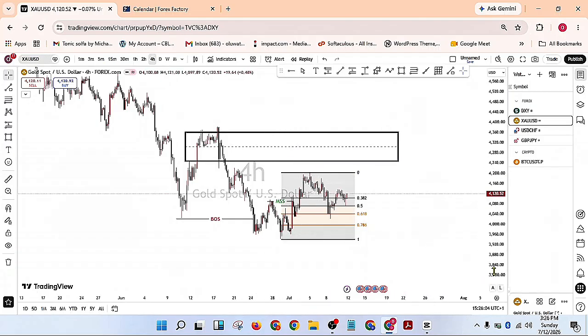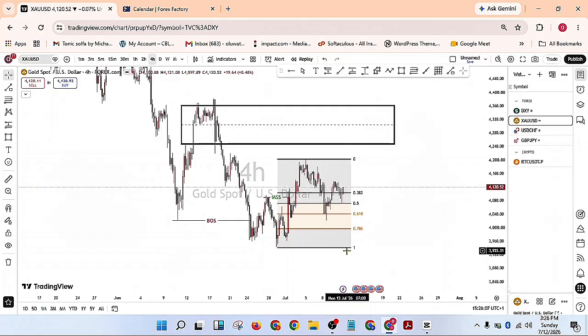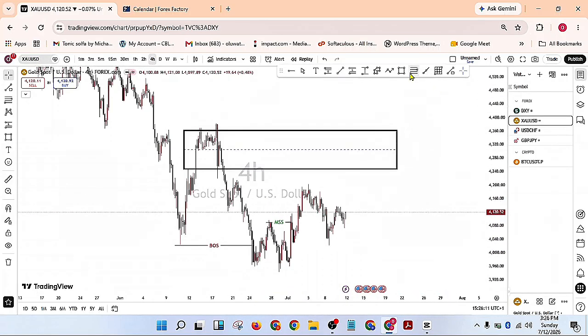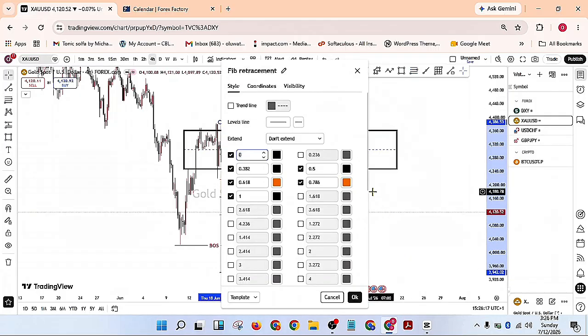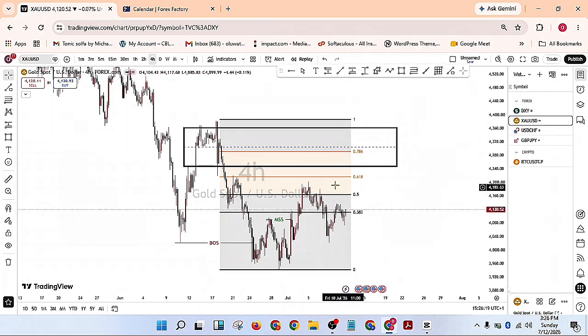Are we getting it? So it's as if it's pulling back inward. And let me see, even if I draw my fib from this place to this, you can see if I'm looking for sell, I'll be looking for sell around this location.